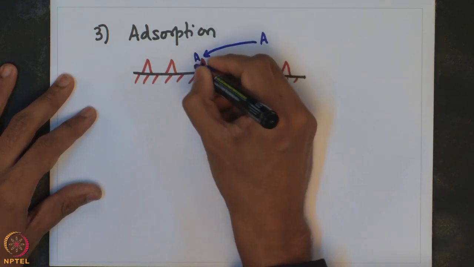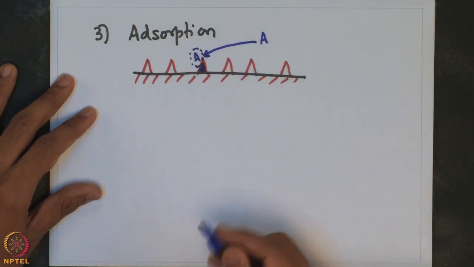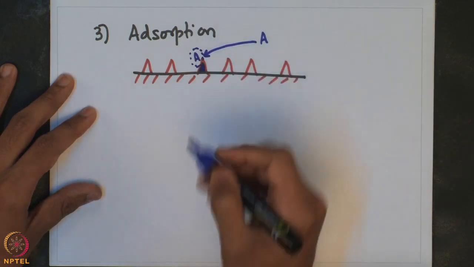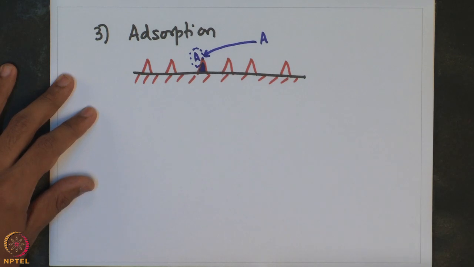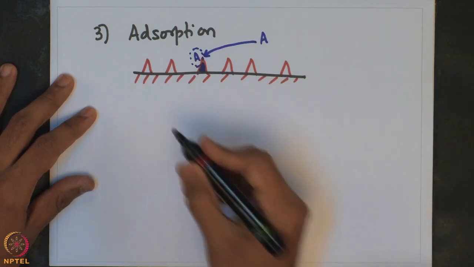So, species A is now sitting on the site, which means that site is occupied. In order to quantify this process, we define a couple of terms.